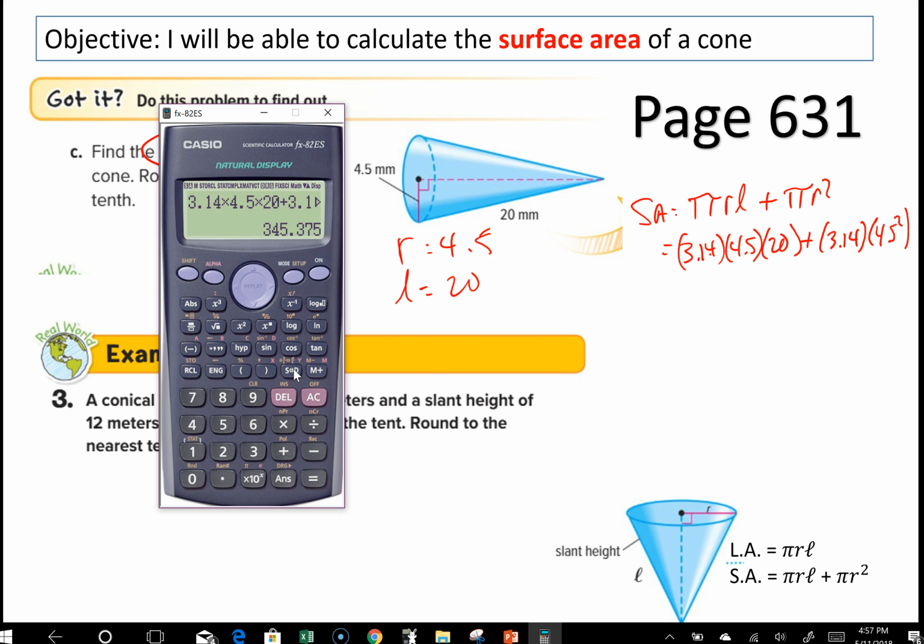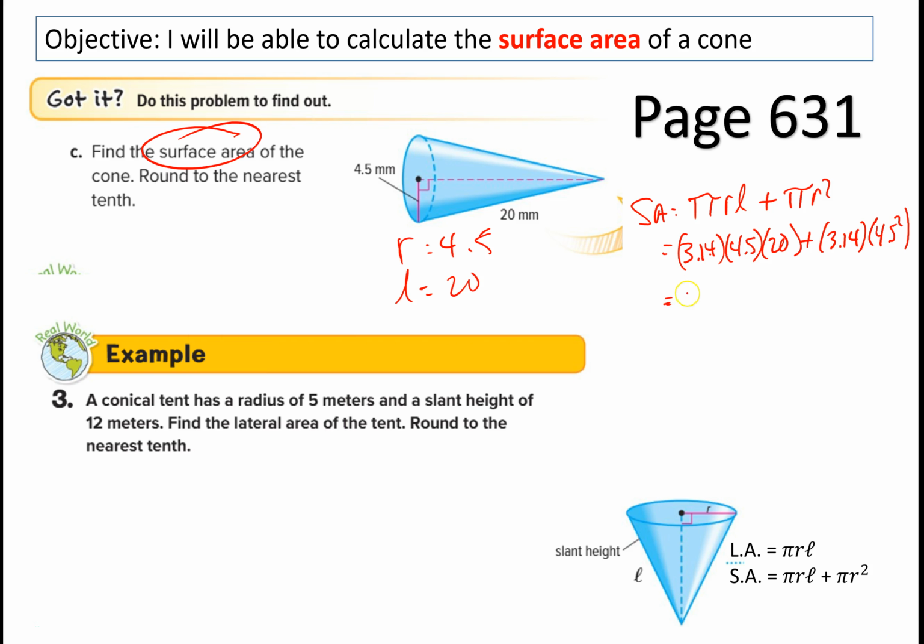That gives 345.375. It does say round to the nearest tenth, so I need to look here. And since 7 is greater than 5, I'm going to go up. So I'm going to get 345.4 approximately, because I rounded. I'm sorry, that was millimeters squared.